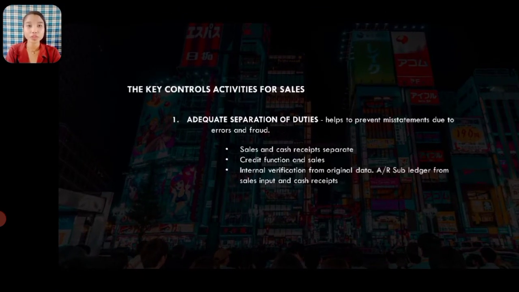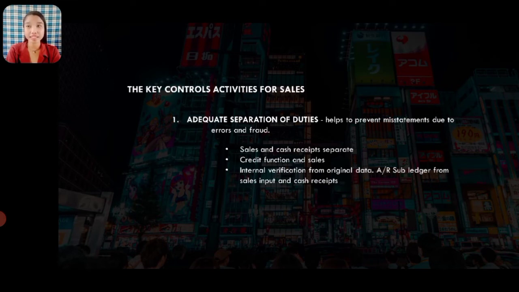Now let's move on to the first key control activity for sales, which is adequate separation of duties. It helps to prevent misstatement due to errors and fraud. The first one is that sales and cash receipts are separate. Why? Because the personnel in charge of the sale should not be the one who receives the cash receipts.